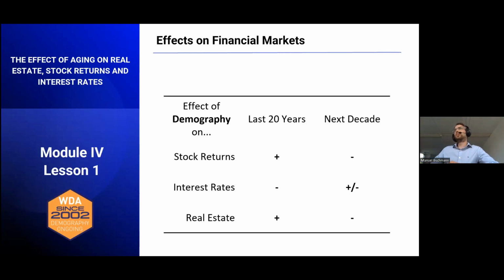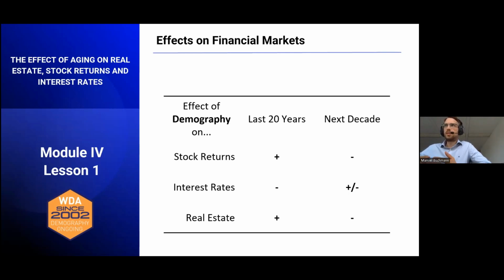And in the future, next decade, it's really not clear what will happen. We have some countervailing effects of demography and interest rates. There are good arguments for increasing interest rates, as we observe right now on the markets, but also very good arguments for negative effects on interest rates.